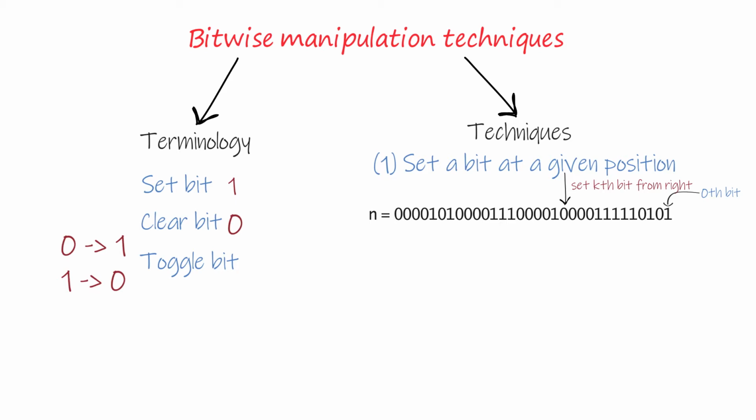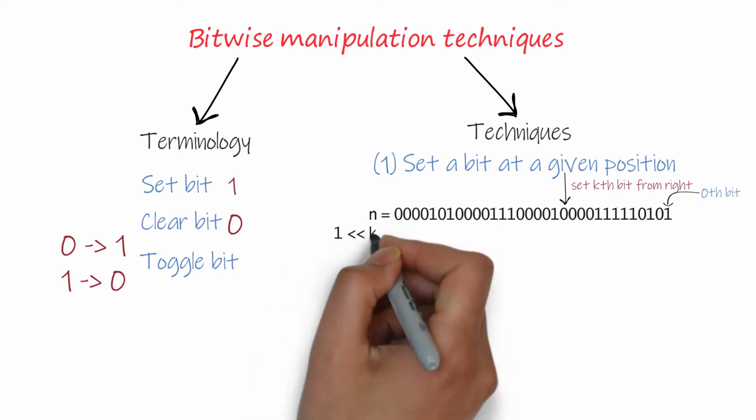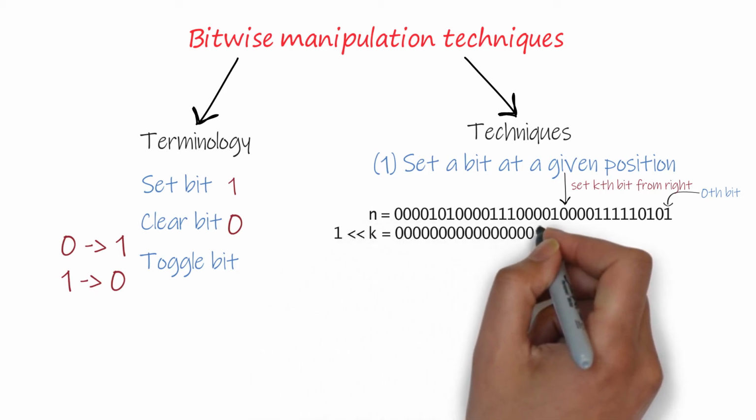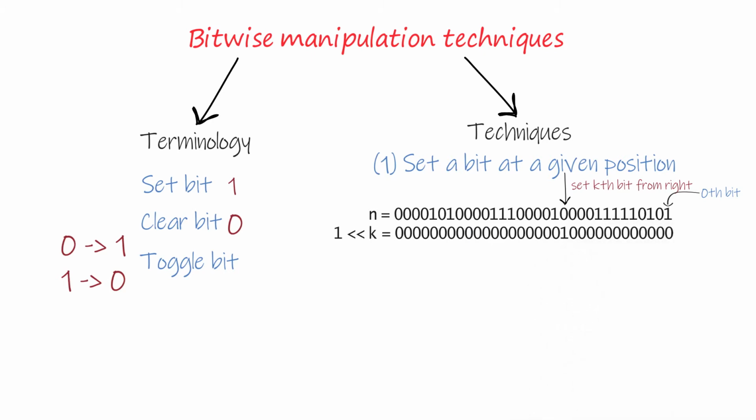In order to achieve this, we will take 1 and left shift it by k bits. From a previous video, we know that the binary representation of 1 as a 32-bit binary number is 1 prefixed by 31 zeros. So 1 left shifted k times would give us this number.